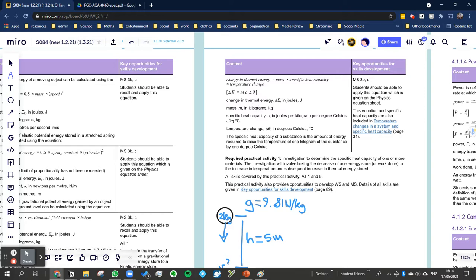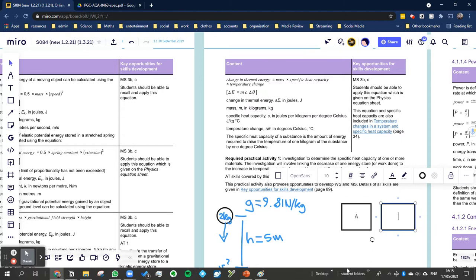So let's imagine we've got these two objects here. We've got one object here, let's call that object A, and then another object here, let's call this object B. Let's make object B a bit bigger.